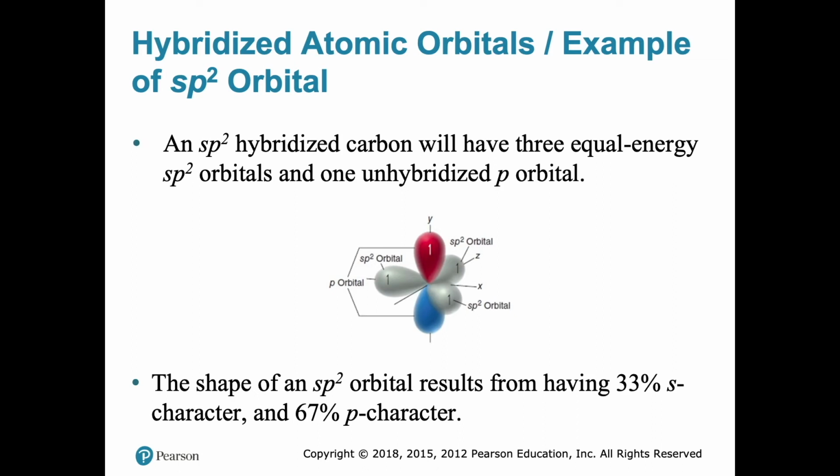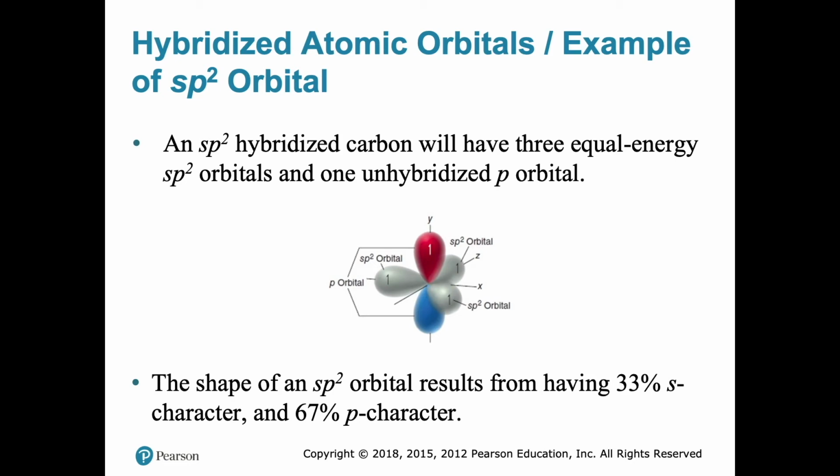So if you take a look at this right here, you see how this is that one p orbital, the py orbital? That's the one that's not hybridized. You can tell it's not hybridized. Why? Because it still has two different phases. And then the gray ones here, those are the hybridized sp2 orbitals.